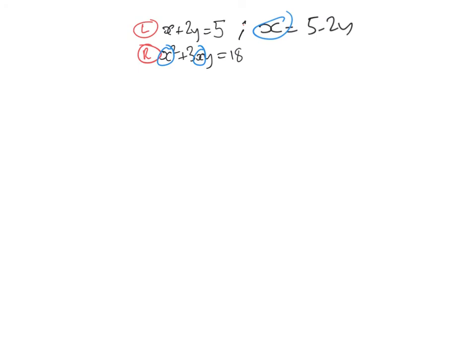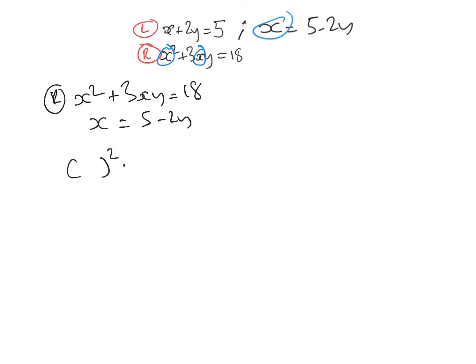So we've got x squared plus 3xy equals 18. And we've got x equals 5 minus 2y. So wherever there's an x in the reciprocal, we're going to put a bracket. So x squared plus 3 bracket y equals 18. And then we're going to drop our x into the bracket.